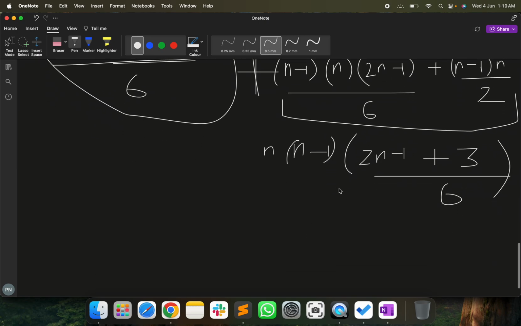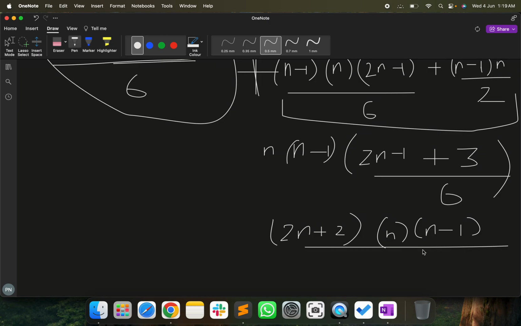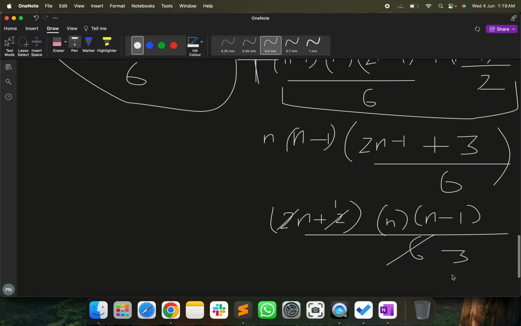Now the answer we will get from here, if you add, there will be 2 here, so we will get 2n plus 2 into n into n minus 1 by 6. Or we could have done it later, it won't have mattered.